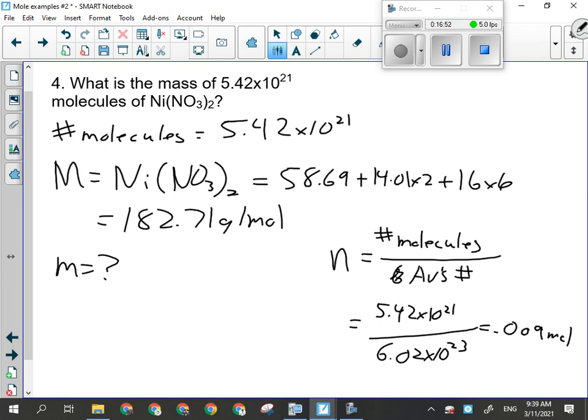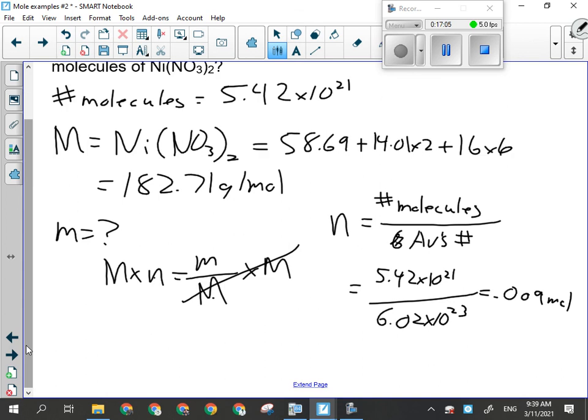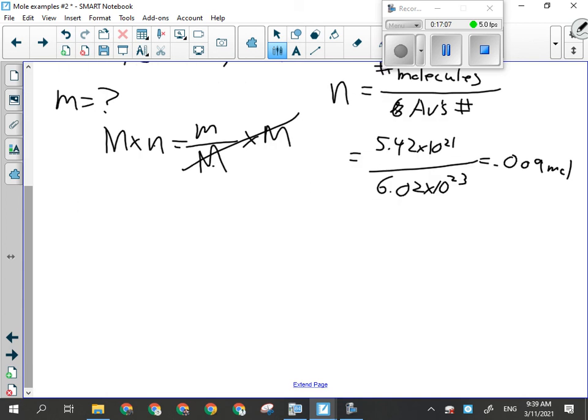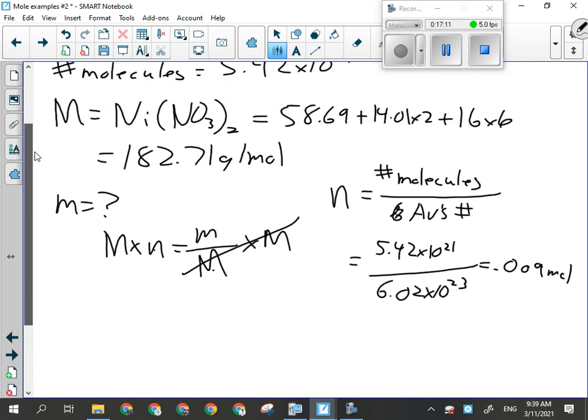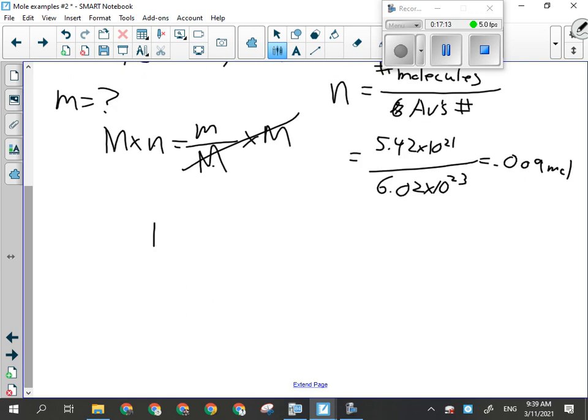Now I'm going to use the mole equation: N equals little m over big M. I have N and big M now, so I manipulate in the only way we ever manipulate that formula to get little m by itself. So I'm going to have 182.71 multiplied by 0.009.